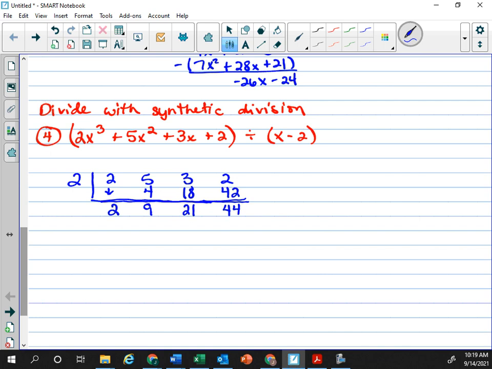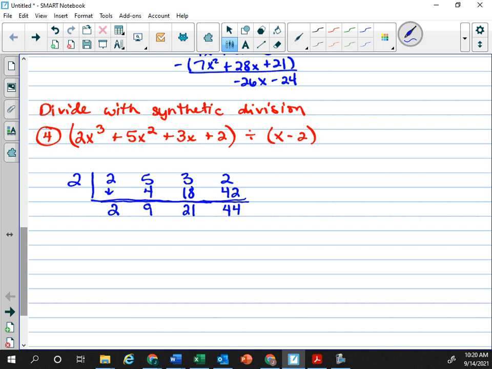Okay? Anybody questions on where any of those numbers came from? Do you guys remember doing this? Yeah, okay. All right, which of those numbers is my remainder? Yeah, the 44, good. And then the way you write your answer, if you think about it, I started with 2x cubed, and I'm dividing it by an x.